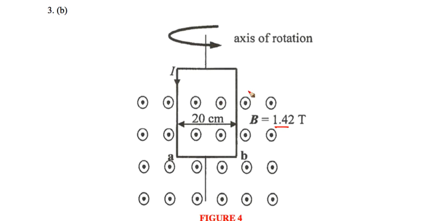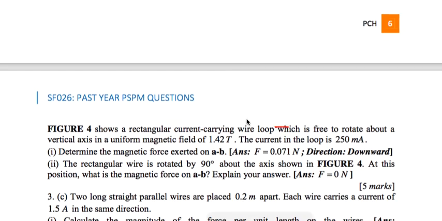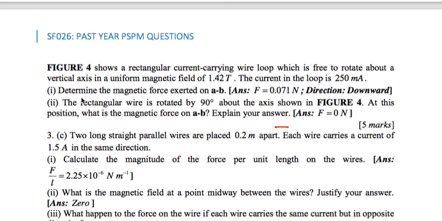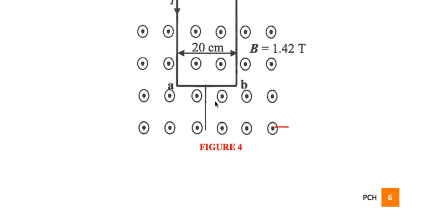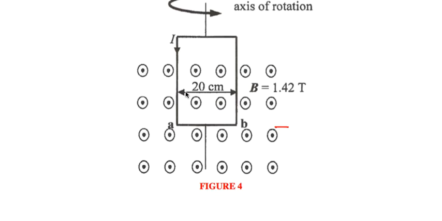The first question asks you to calculate the magnetic force on the wire AB.